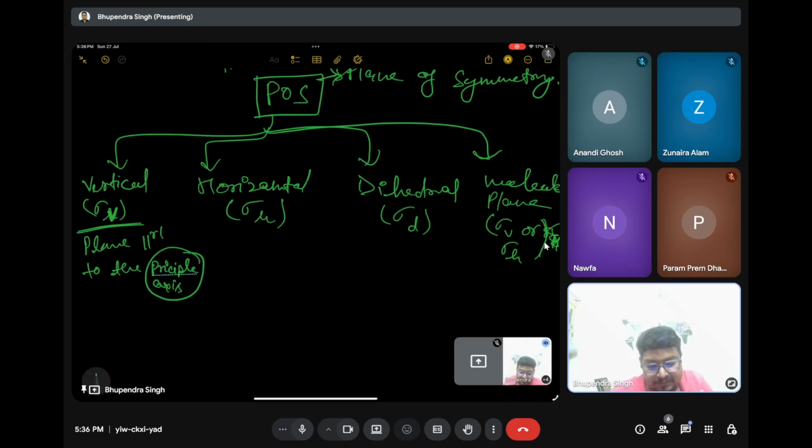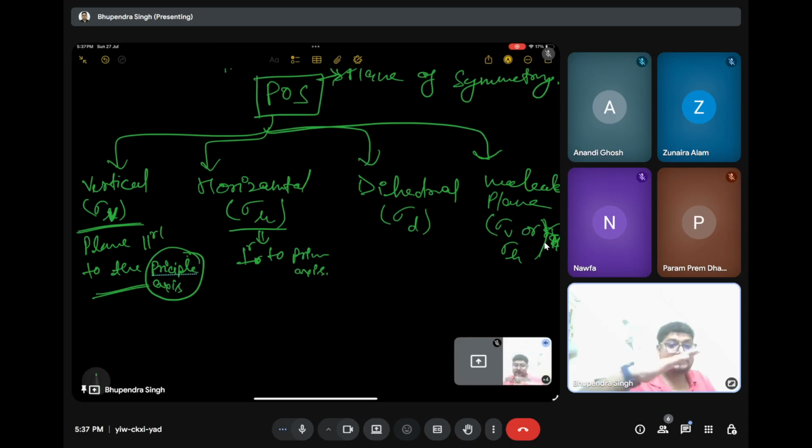So the principal axis will be parallel to the vertical plane, or I would say the vertical plane is parallel to the principal axis, and the horizontal plane is perpendicular to the principal axis.